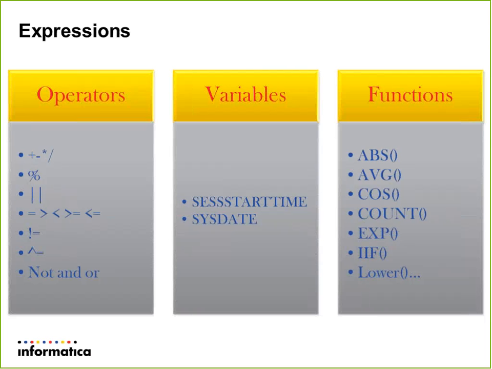Pushdown optimization also supports various PowerCenter operators, variables, and functions. When pushdown optimization is configured, the Integration Service converts the expression in the transformation by determining the equivalent operators, variables, and functions in the database. If there is no equivalent operator, the Integration Service will process the transformation logic.